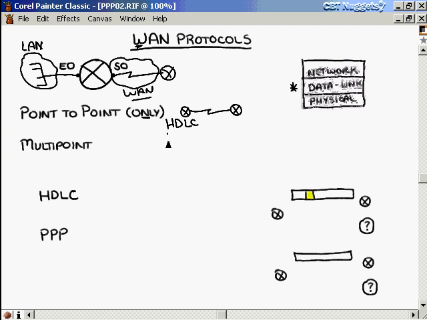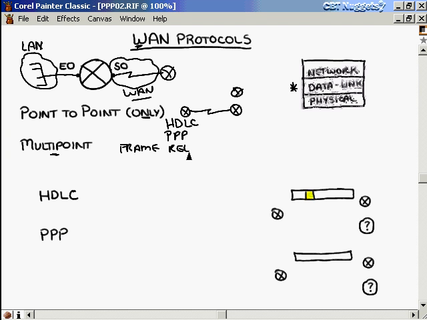The second category of WAN protocols at the data link layer is considered multi-point. Don't get confused though. We're not saying that it doesn't support point-to-point connectivity. In fact, it supports point-to-point connectivity as well as point-to-multi-point. In other words, if we had another device in this environment connected here. The common multi-point protocols are, first, frame relay, which we're going to study extensively within this series.